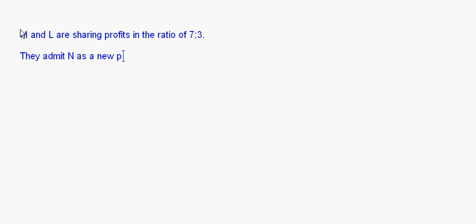Here I'll write down a question here. M and L are sharing profits in the ratio of 7:3. Okay, they admit N as a new partner and agree to a new ratio of 5:2:3, right?